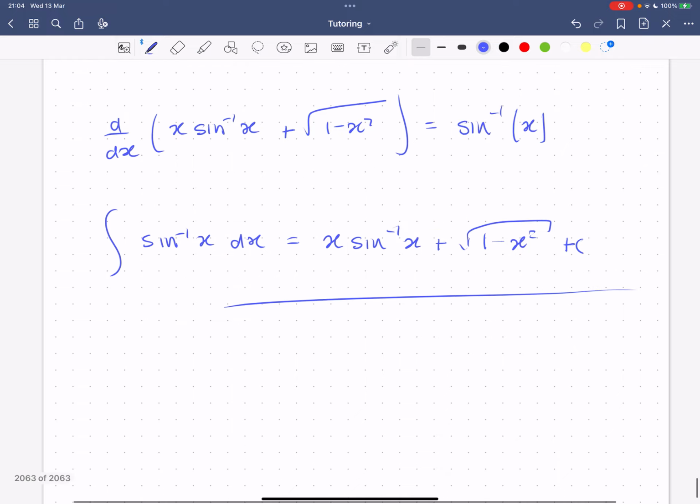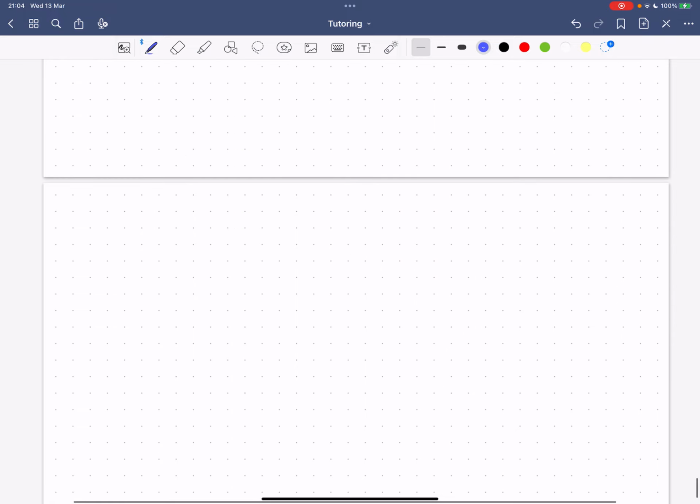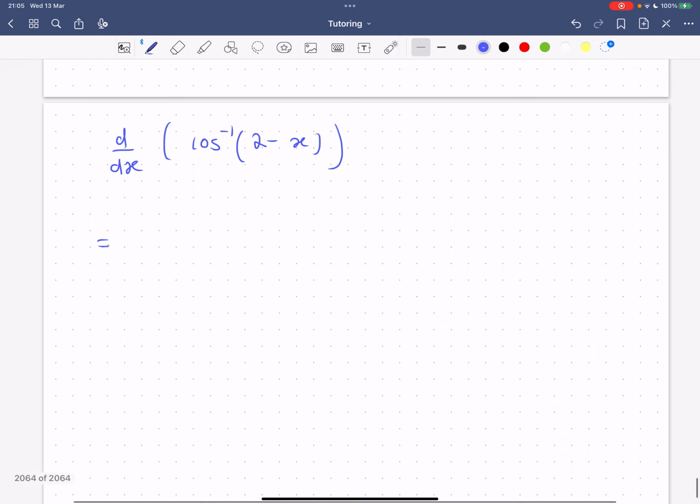So, in a similar manner, if I wanted to differentiate something such as cos inverse of 2 minus x, well, the differentiation tells us we differentiate the thing in the brackets. If we just want to look at the basic differentiation over here, it's minus 1 over the square root of 1 minus x squared.